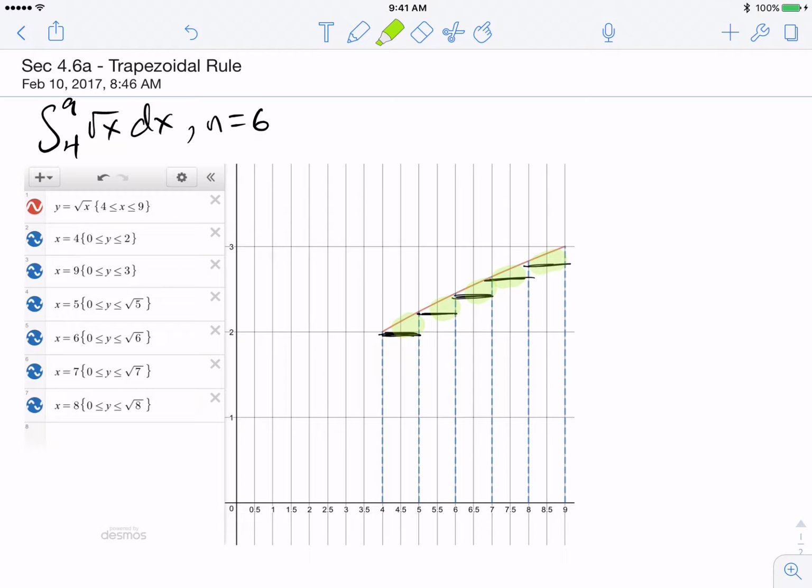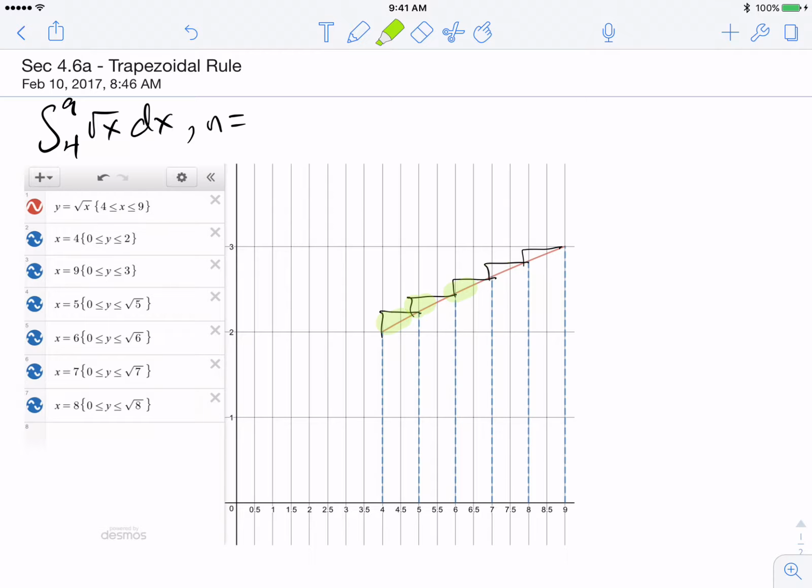So we said that this was an underestimate. Similarly, if we use the right-hand rule, you'll notice that we're creating extra area that's outside of the curve, and we refer to this as an overestimate.